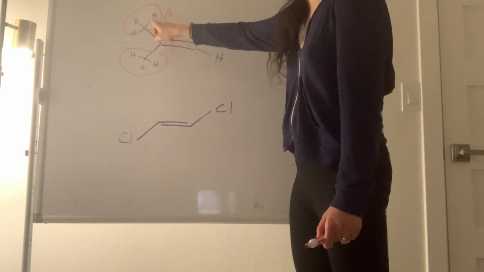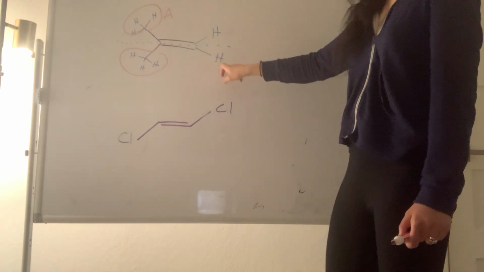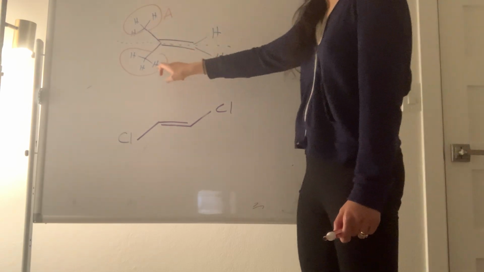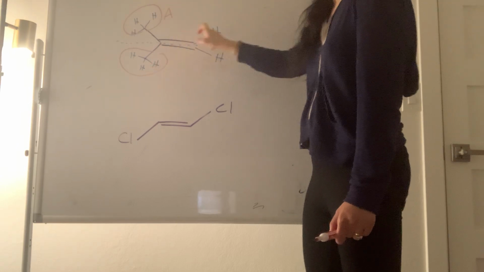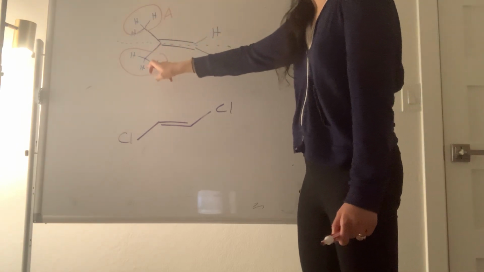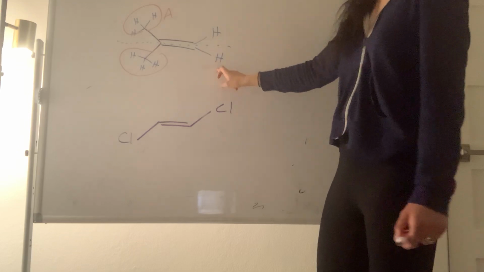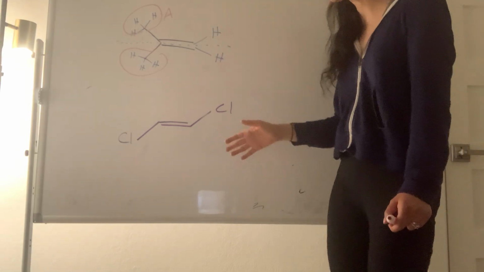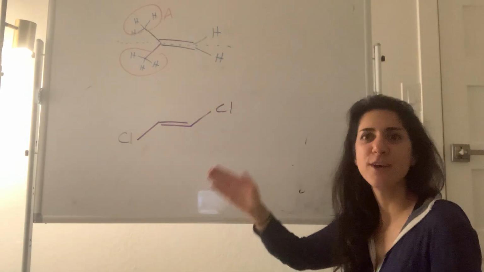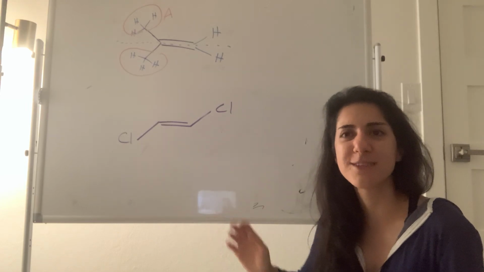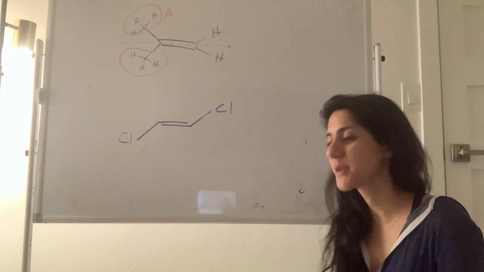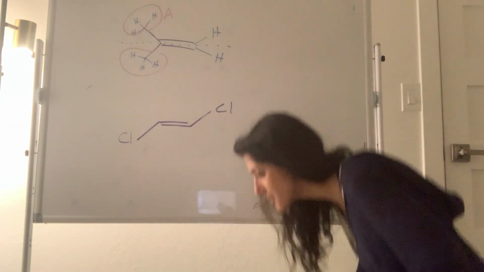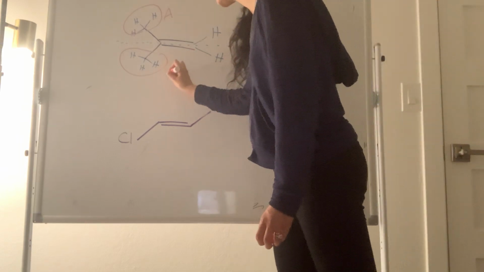What is trans to this? Hydrogen. What is cis to this one? Hydrogen. What is trans to this one? Hydrogen. Doesn't matter how you look at the window, in both cases you see hydrogen for cis and trans. So what does that mean? That means these 2 are equivalent to each other.